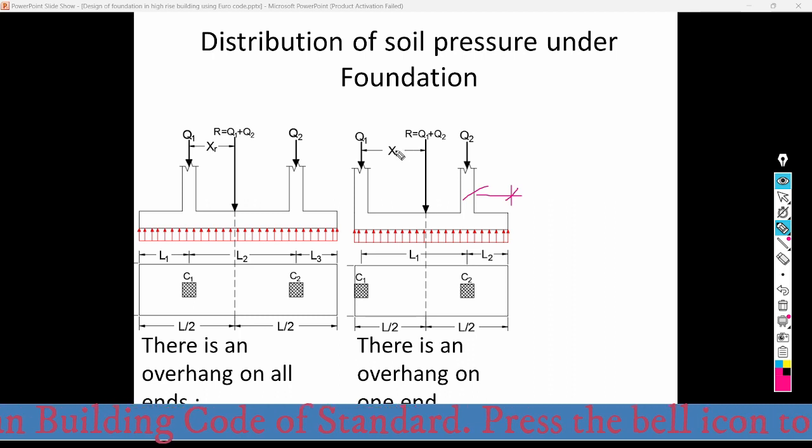So here XR is nothing but the distance between the center of force of Q1 and the center of mass here. In this case, the location of the resultant force and the location of the center of mass match each other. So that means E equals what? 0. So in this case also we have a rectangular distribution of soil pressure.